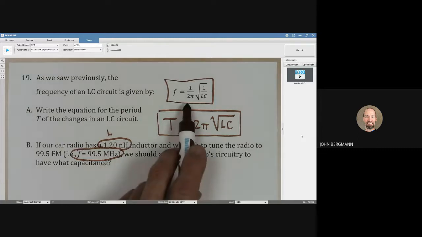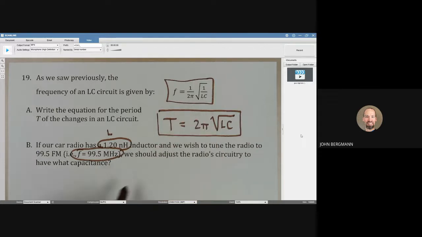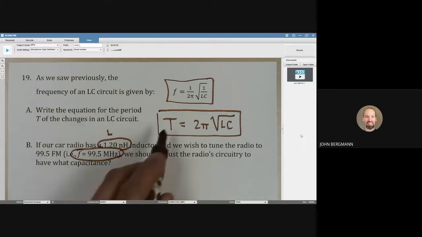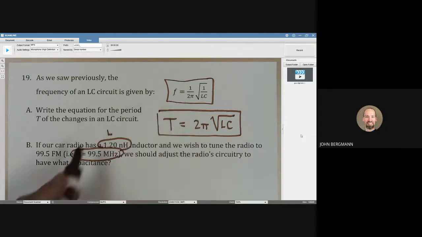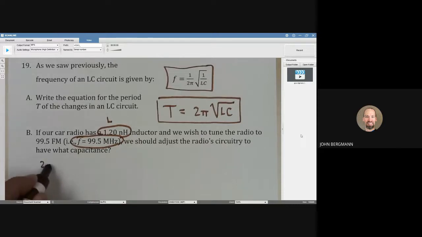Let's take our equation up here at the top, and let's see if we can solve that for capacitance. Here we go. Let's put the 2 pi on the other side. I'll show a little bit of work here. We'll go 2 pi times F is equal to the square root of 1 over LC. If we square both sides, that gets rid of our square root sign.